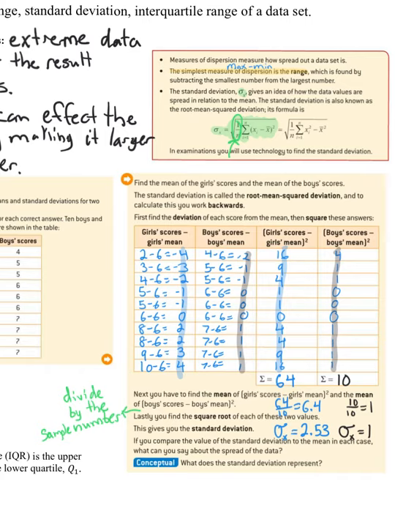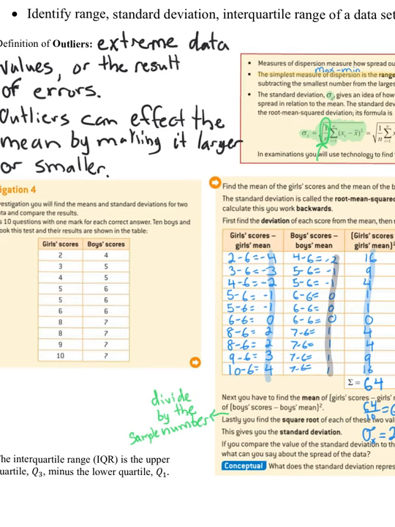So that's what standard deviation is. It's telling you most of the boys' scores were about 1 point plus or minus from the mean. So 6 was the mean. Most of the boys fell between 5 and 7, which if we look back over here, that's true. 9 out of 10 of them were between 5 and 7.